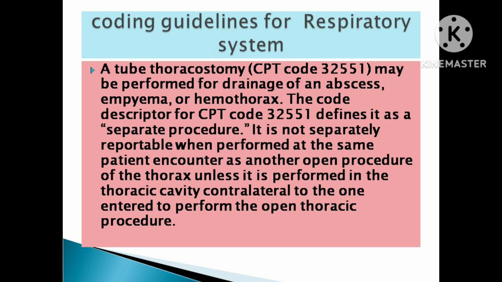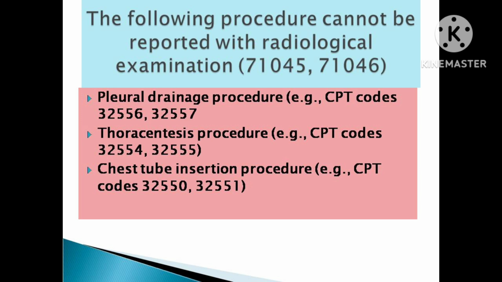Okay. Then the next point is the following procedures cannot be billed with radiological examination. What are the radiological examinations? 71045 and 71046. These two codes we cannot bill with the following CPTs: pleural drainage procedures, thoracentesis procedures, then chest tube insertion procedures.